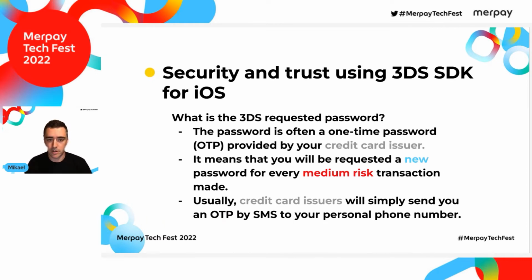So I was talking about the 3DS challenge or password. What is the 3DS requested password? The password is often a one-time password, called OTP as well, provided by your credit card issuer. So it means that you will be requested a new password for every medium risk transaction made.